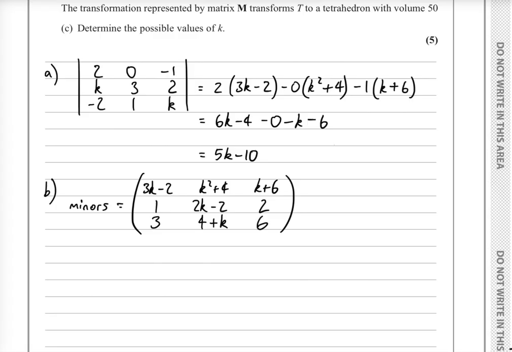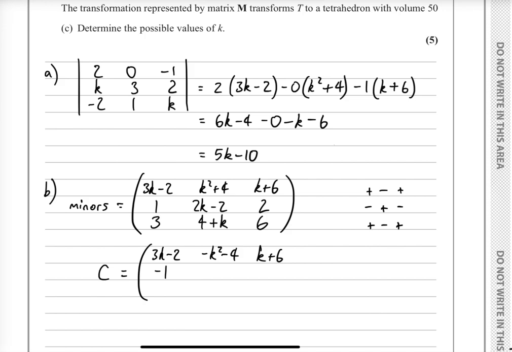There's our minors. Now we need to apply the cofactors pattern, which is this. So C is equal to almost the same thing with some key differences. This becomes a negative. This becomes a negative. So does this.